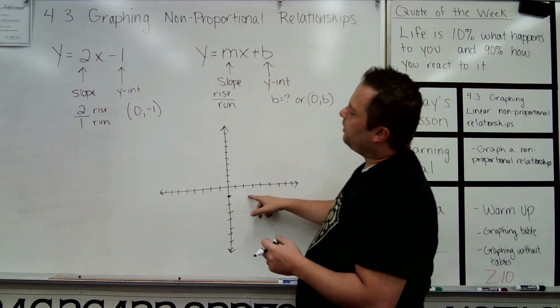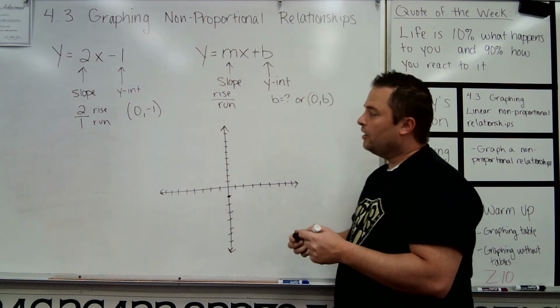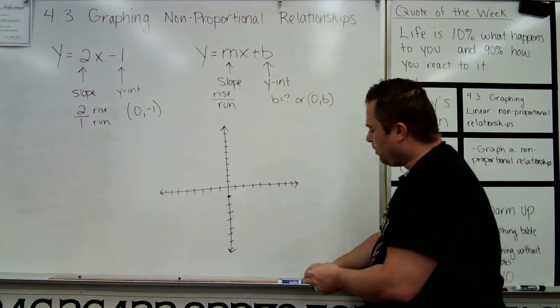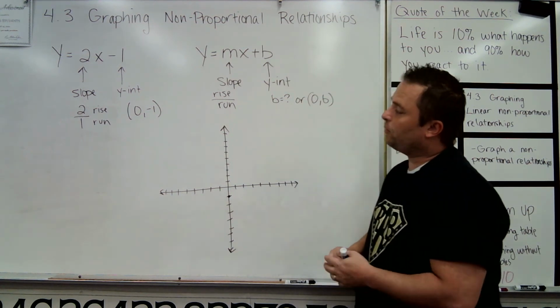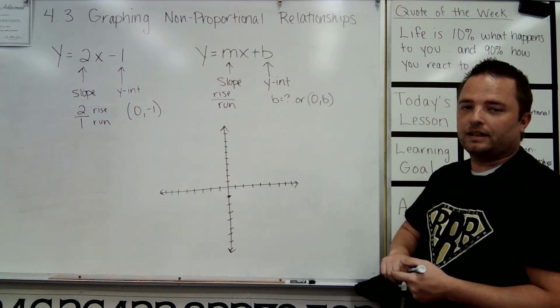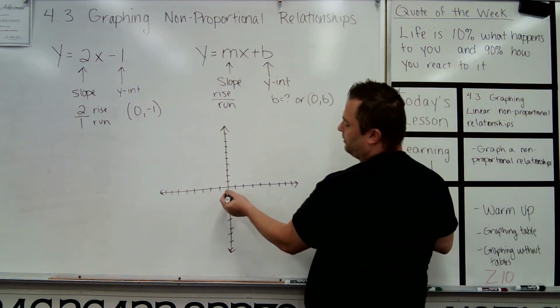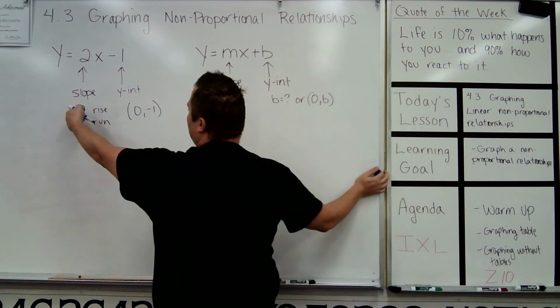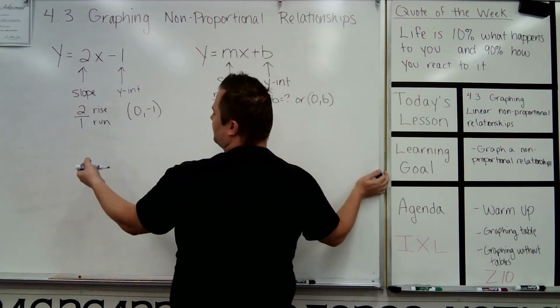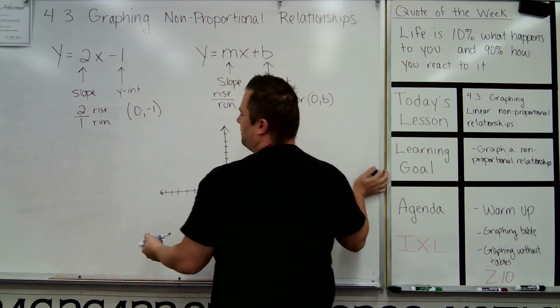I'm now going to follow my rise and my run to find additional points. Remember, the 2 over 1 is a rate. It's the rate to where it is rising and falling. It's the rate between the 2 points, the 3 points, the 4 points. So from my y-intercept, I'm going to count up 2, because this is a positive rise, and I'm going to count over in the positive direction 1, because that's my run.